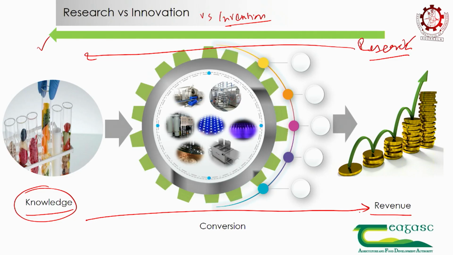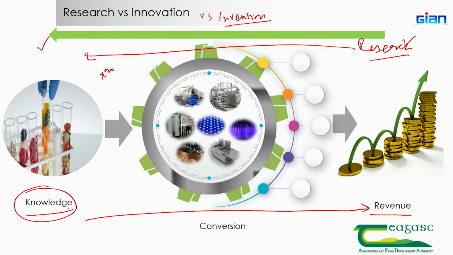Is that clear? You need money to do a research project. People are employed on it, people do a PhD and get a stipend, a salary. What is their purpose? To create knowledge. Once you create knowledge, you develop a technology, a process, and that process is again used to generate income. That is the purpose of it.